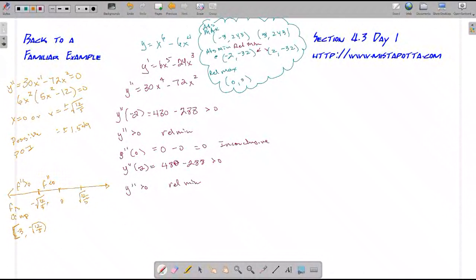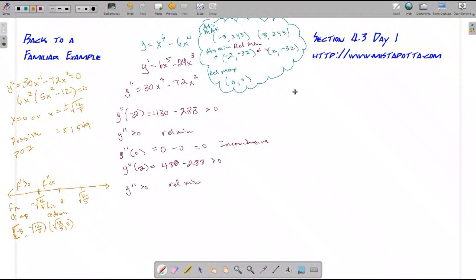And so that means that F is concave down from negative root 12 fifths to 0. And so because my concavity changes, I know that negative root 12 fifths is at a point of inflection.